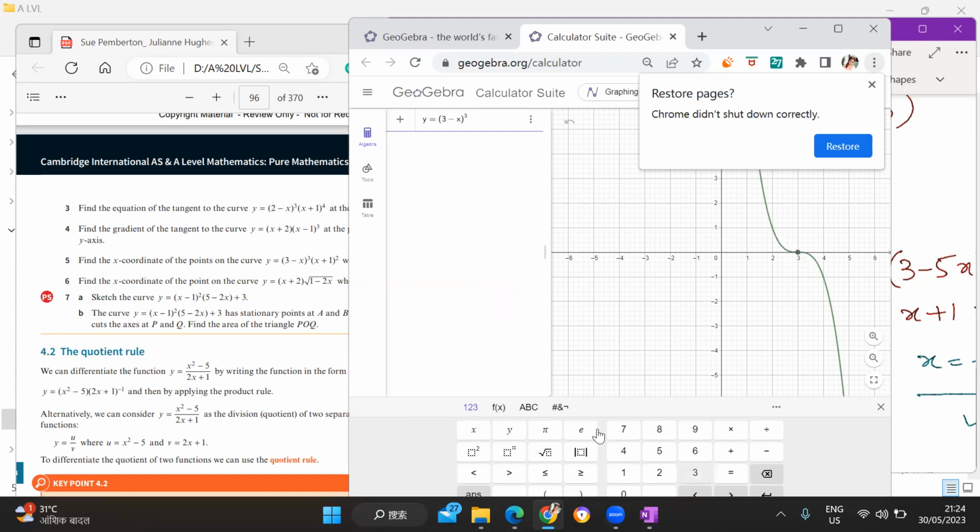Okay, so it's 3 times x plus 1 the whole square. Or let's just put this one.